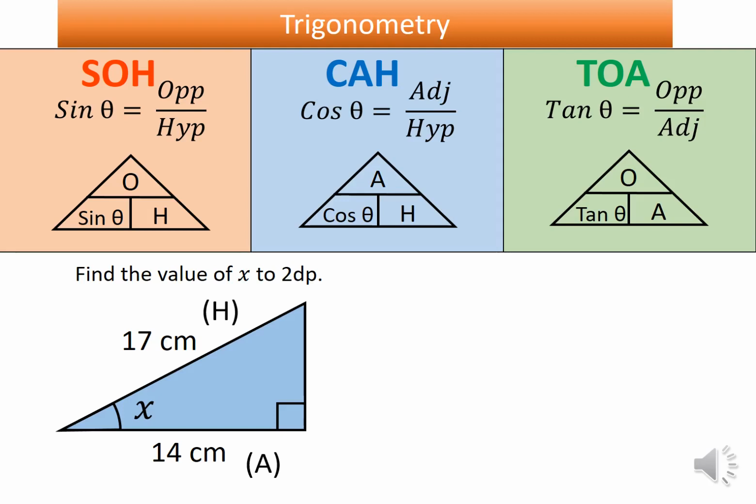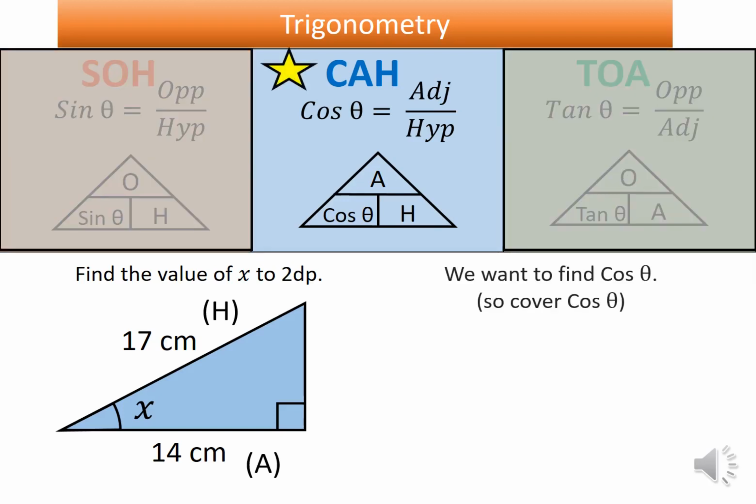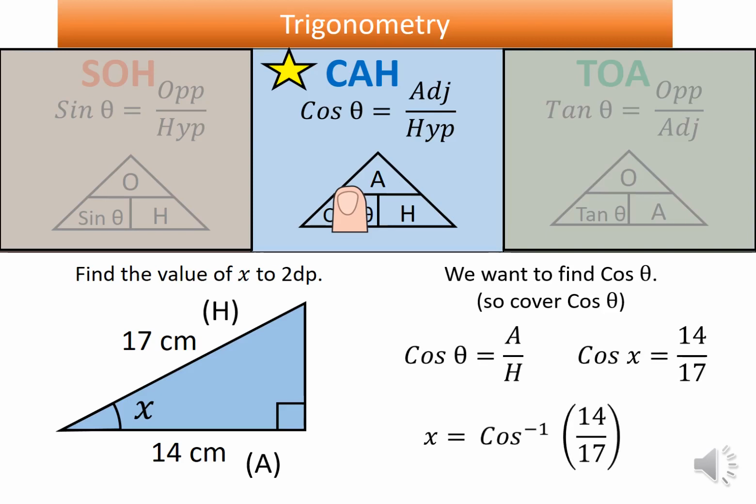That means that the ratio I can use is cosine. We're trying to find the angle, so we need to divide adjacent by the hypotenuse. We substitute the values into the formula, and remember to use the inverse function to find the value of the angle and round the answer to 2 decimal places, and that is 34.56 degrees.